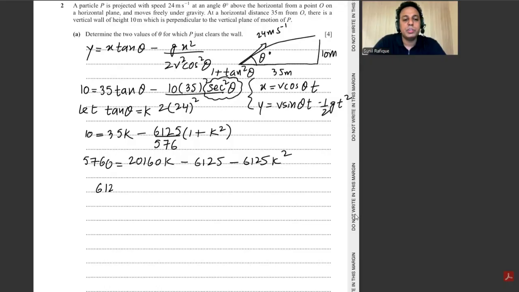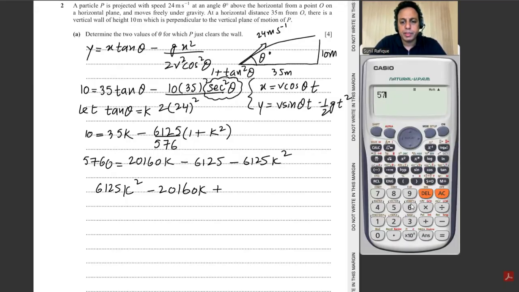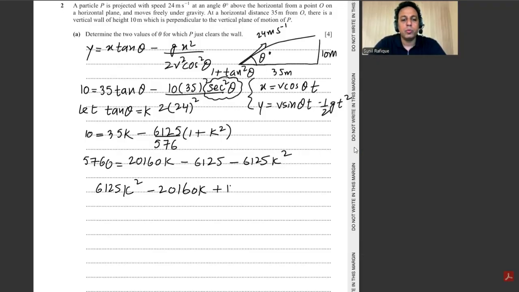So this will be 6125k squared minus 20160k plus, let's just write 5760 plus 6125. I sometimes mess up while inserting values, so I'm just a bit conscious. 6125, right, 11885 and equal to 0.